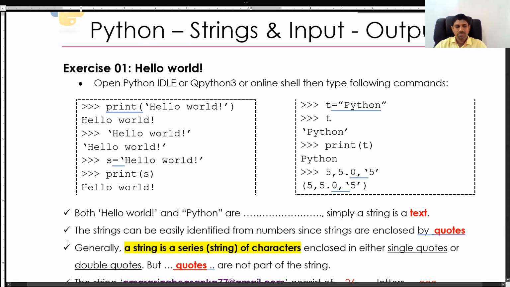In other words, a series of characters, or simply a string, is a string of characters enclosed in either single quotes or double quotes, right? So better to underline this, you can underline with a highlight color: a string is a series of characters.